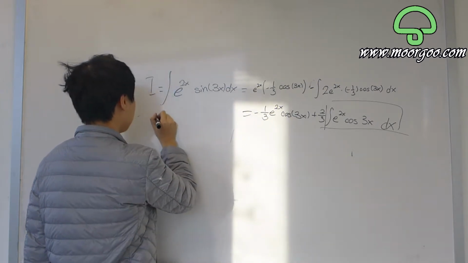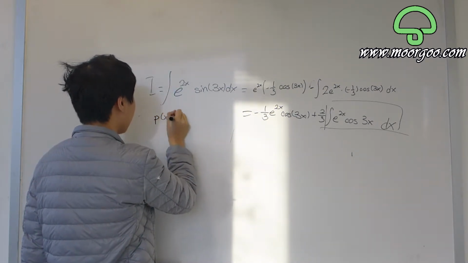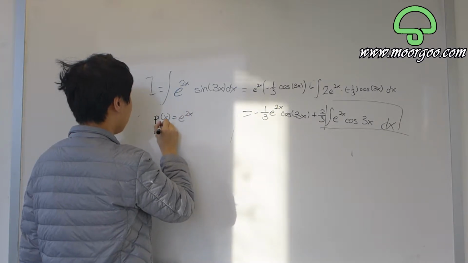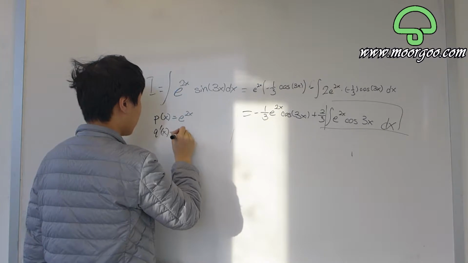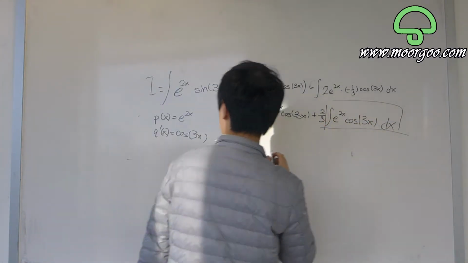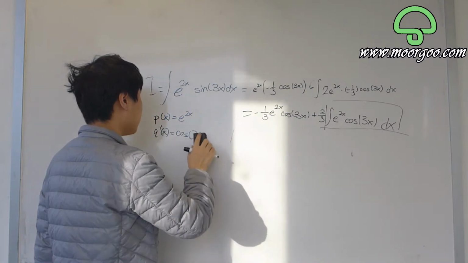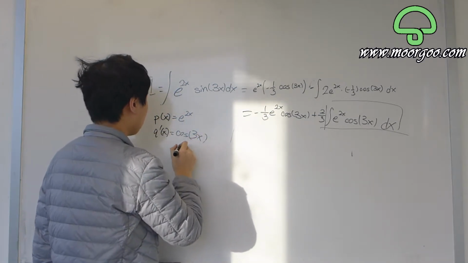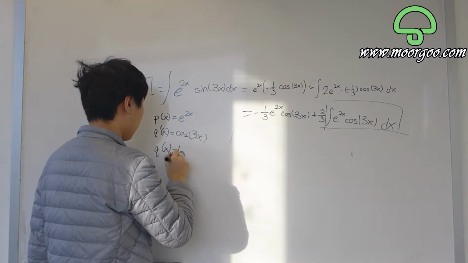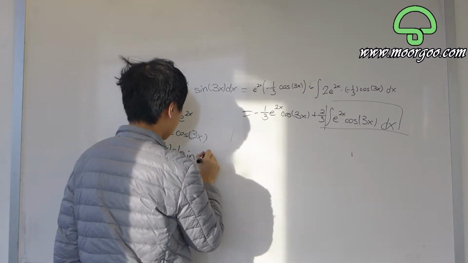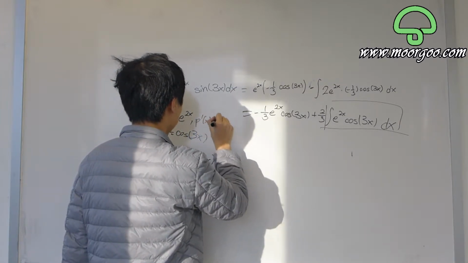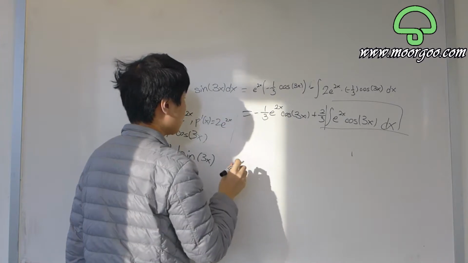Let's do the same thing. Let p of x be e to 2x and q prime of x be cosine 3x. Q of x is 1/3 sine 3x. P prime of x is e to 2x.